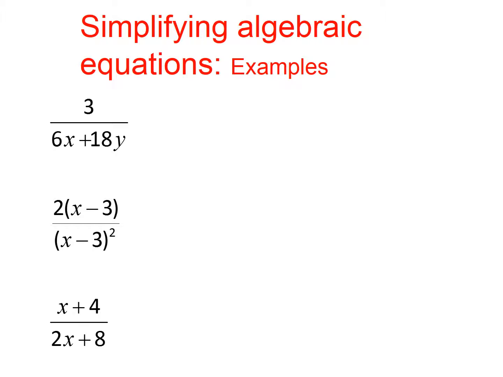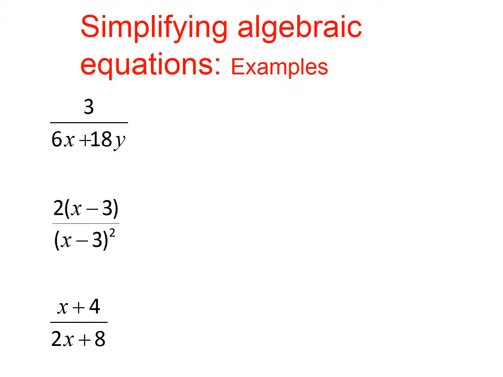If you look at that, there's an x in it and a plus, and something that's almost the same. It's like just a factor of 2 out of there. So let me write the whole thing: x plus 4 divided by 2x plus 8.